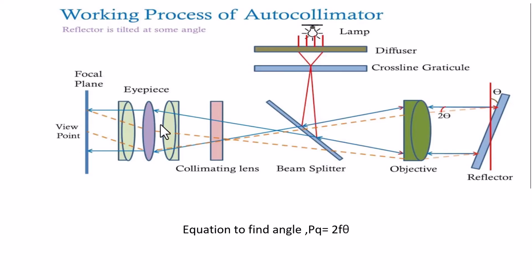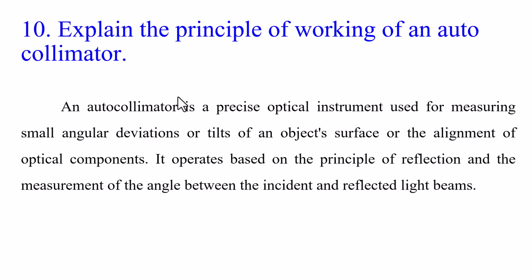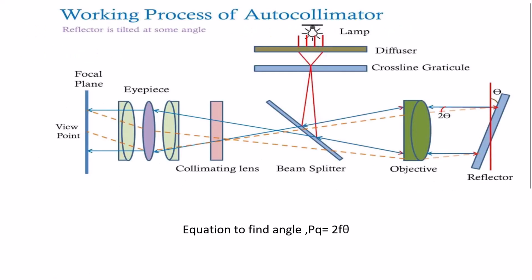There is a collimating lens, a beam filter, and a light source, that is a lamp. There is a diffuser. Light after leaving the light source passes through the objective lens and then strikes the reflector. The reflector is actually the workpiece or specimen.